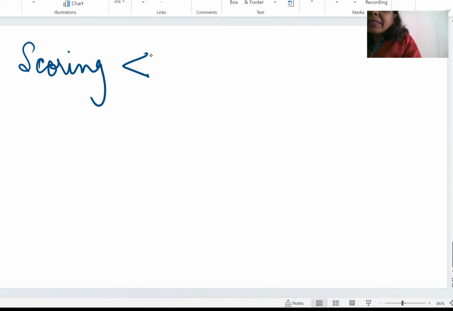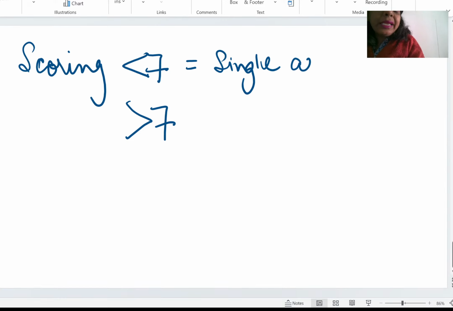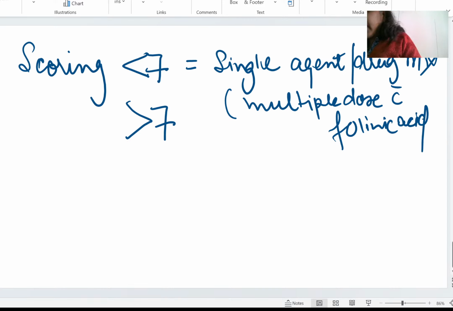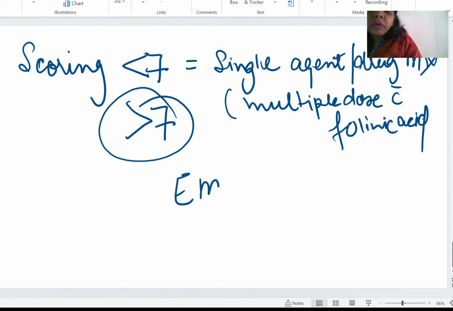If the scoring is less than 7, then we give a single agent, methotrexate, in multiple doses with folinic acid. If the scoring is more than 7, then we have to use IMACO.